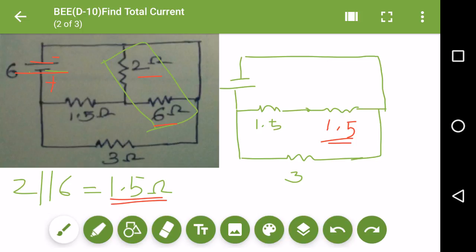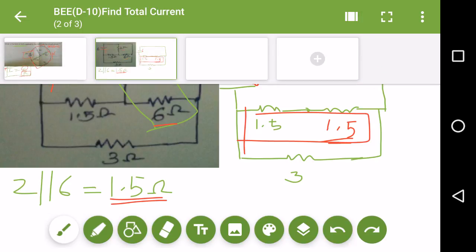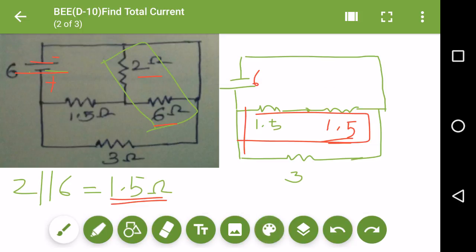Now you can see these two resistances, 1.5 ohm and another 1.5 ohm, are in series. I will combine them to form another resistance.